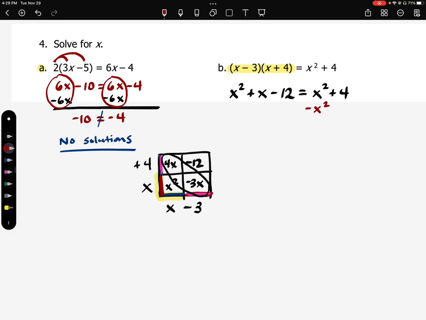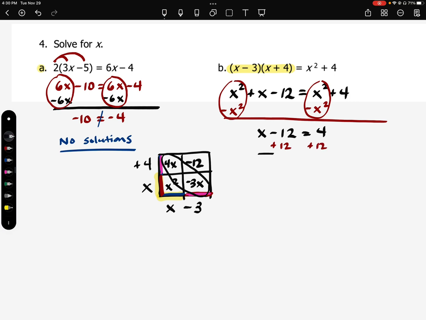If we take an x squared and we subtract it from each side, it looks like it's going to end up canceling both of them out totally. Now we're left with x minus 12 is going to equal 4. And then when we add our 12 to each side, we now have x is equal to 16.